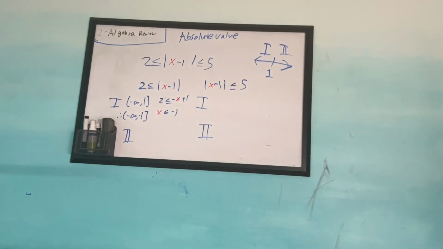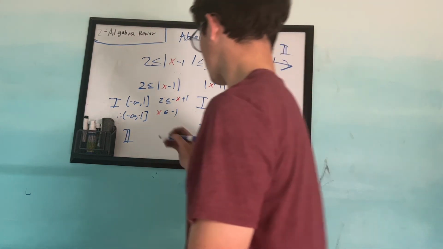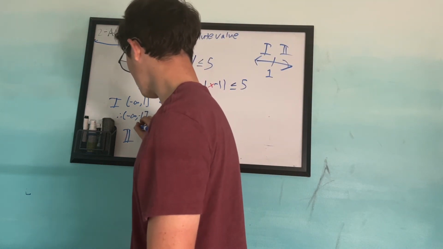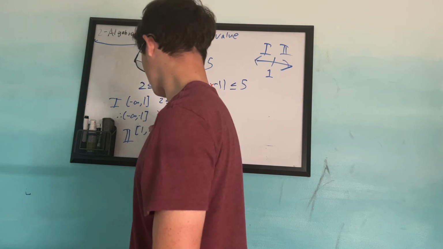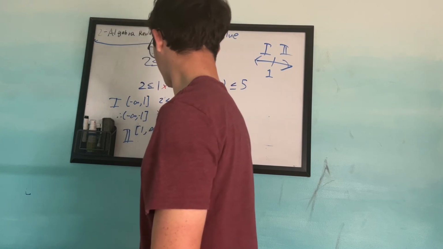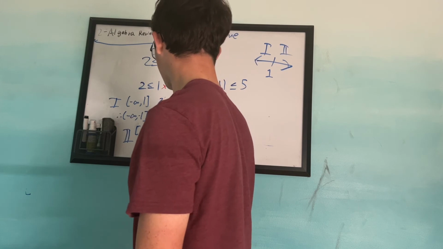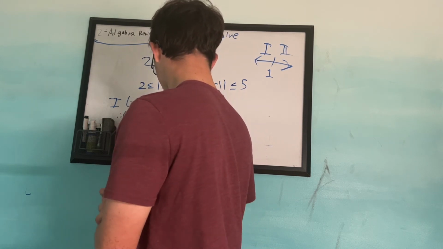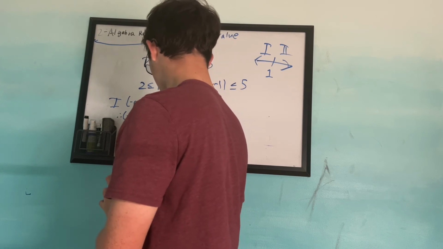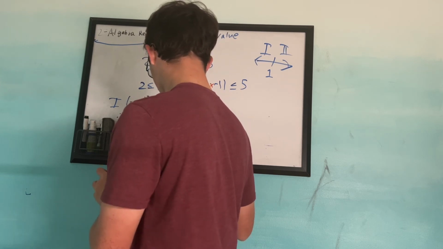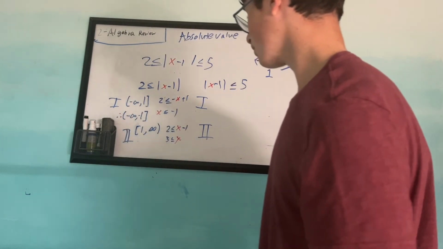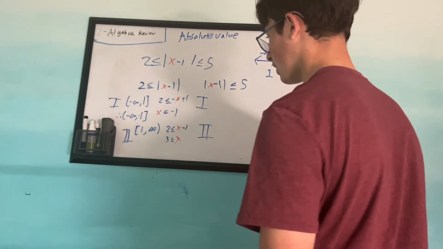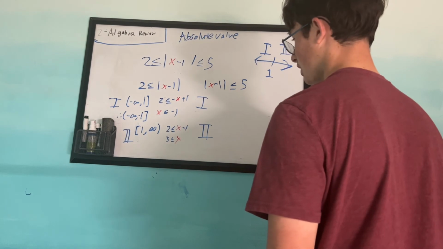And then for the bottom one, where we're considering 1 and greater, we just consider the equation as is without the absolute value. So then we have 3 is less than or equal to x, and x goes all the way up to infinity, but caps off at 3.